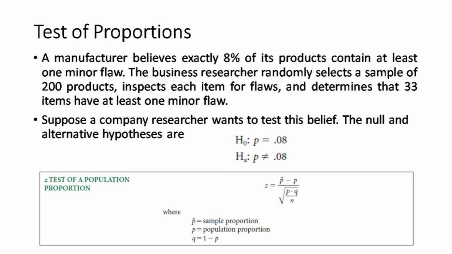So the formula for the Z test of population proportion is that Z calculated is equal to P hat minus P divided by square root of PQ by N, where P hat is the sample proportion, P is the population proportion, and Q is 1 minus P.